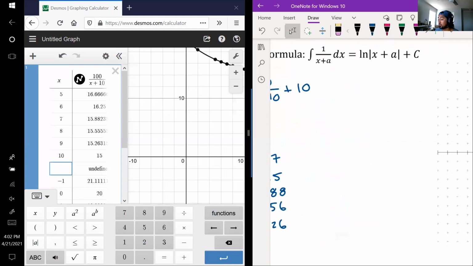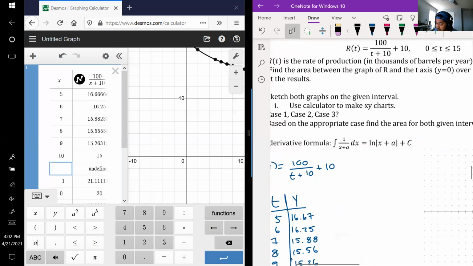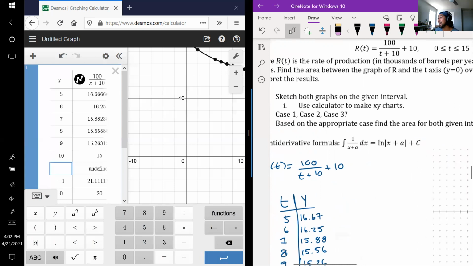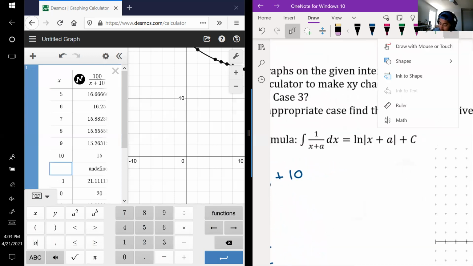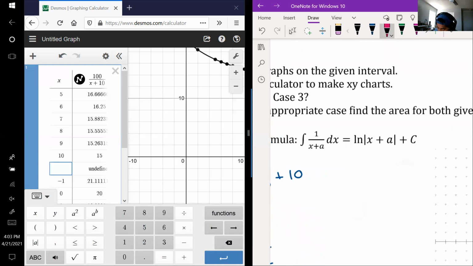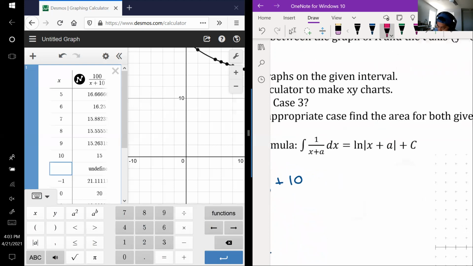The next function, well, in the problem, it says to find the area between the graph of R and the t-axis. So we are basically saying the t-axis, which is the same as the x-axis, which happens to be the same equation that we've been using for g of x on the last 3 problems. So our next equation is just y equals 0.